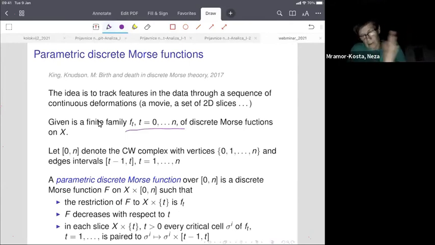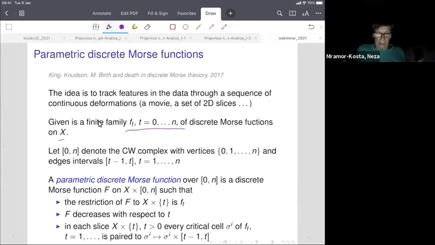So some process is going on, and this function is changing with time, or maybe this describes a sequence of slices in a three-dimensional object, and we have a continuous process which changes our function. So we have this finite family of discrete Morse functions on a specific complex X.